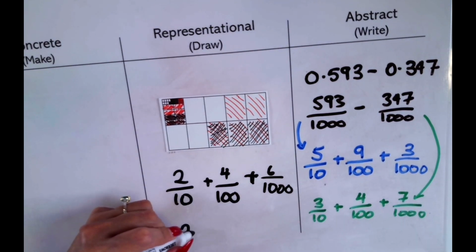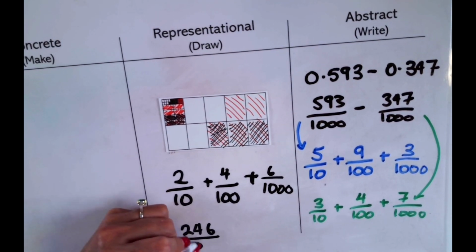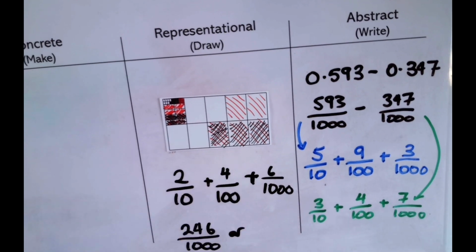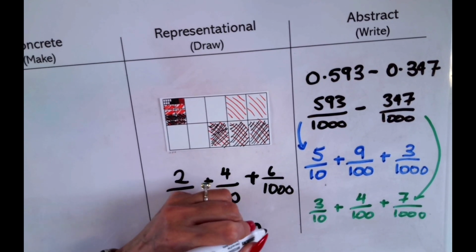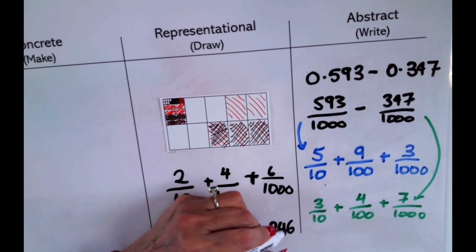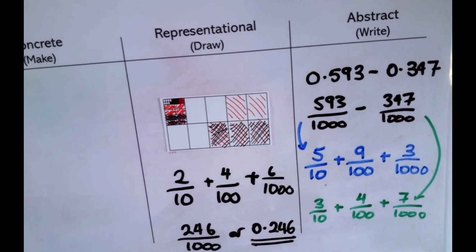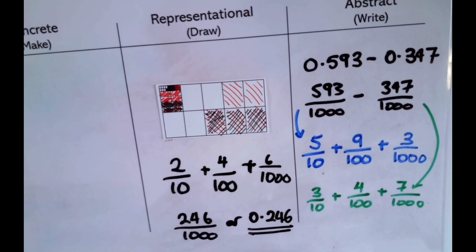So altogether, 246 thousandths, or 0.246. All right, so that, my friends, is how you would use the Decimat for addition and subtraction.